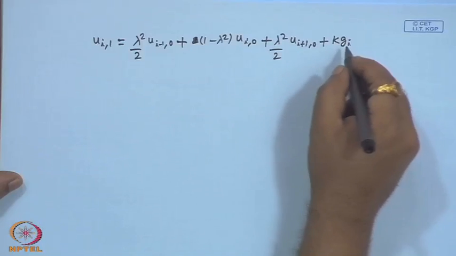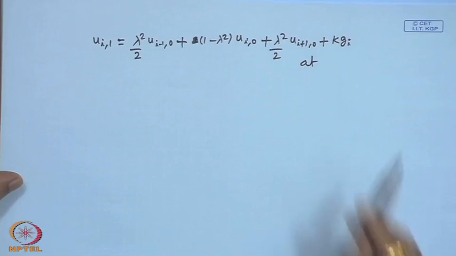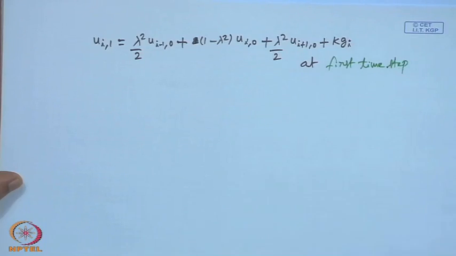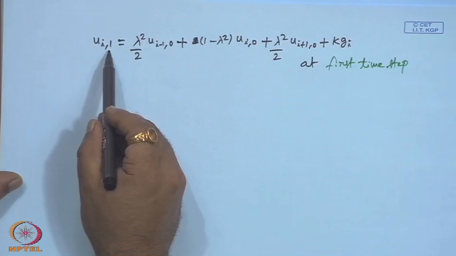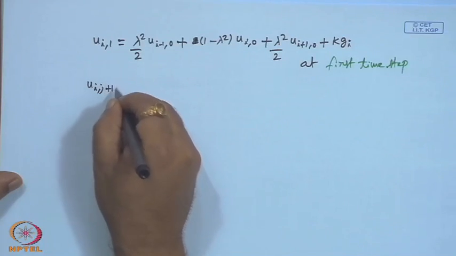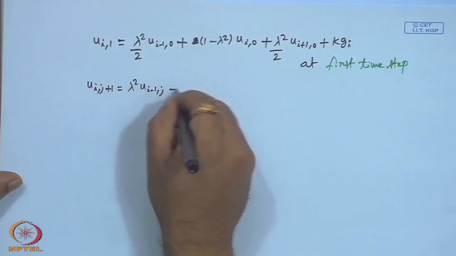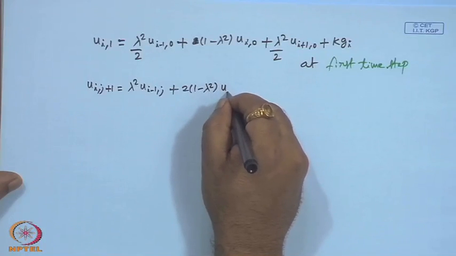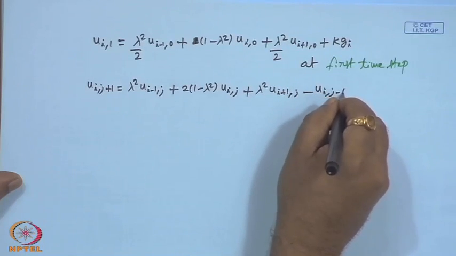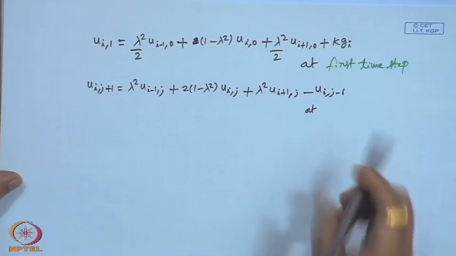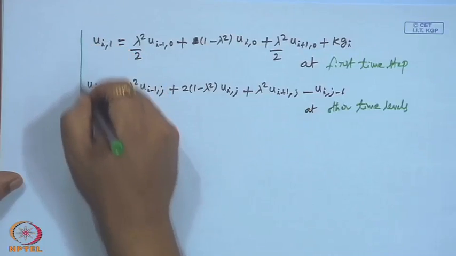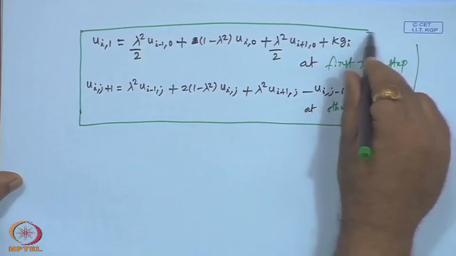So, therefore, this is at first time step, because you can see at first time step using at 0 time step we can get explicit values, then so this is explicit scheme for the wave equation.